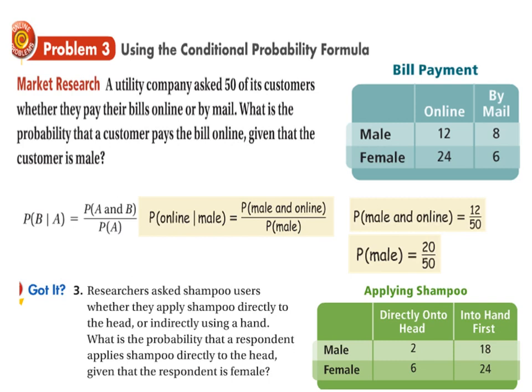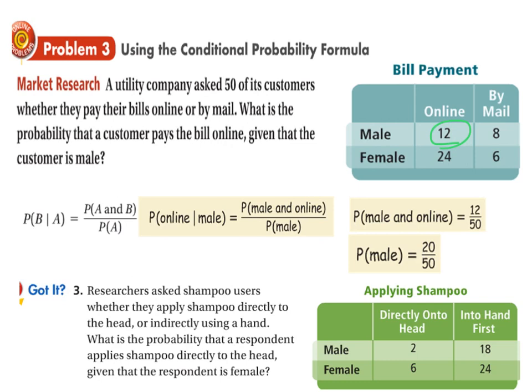So again, really we find these two probabilities. That's what we have here. The probability that the person is male and they pay their bill online is 12, male and online. So that's where that comes from. Again, it's that intersection of those two events. And then the total is 50. And we could get that a couple of different ways, if we filled in the rest of that information on the table.